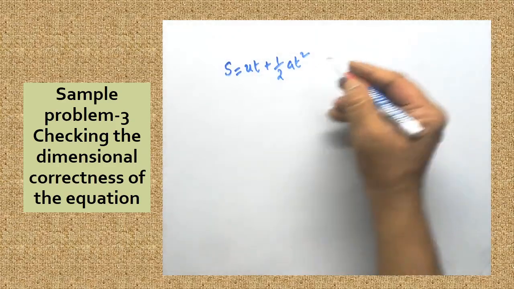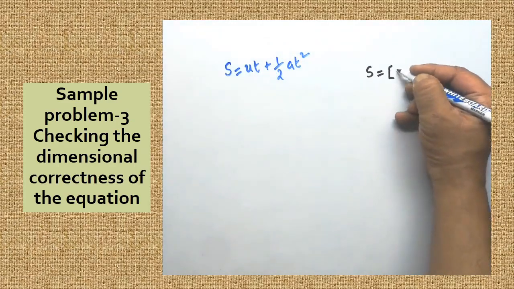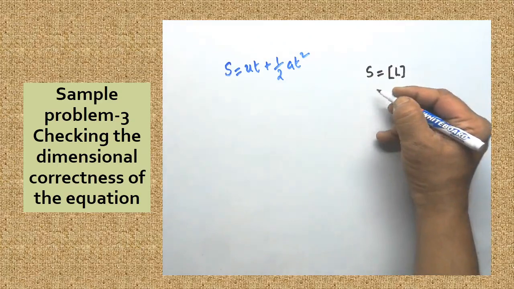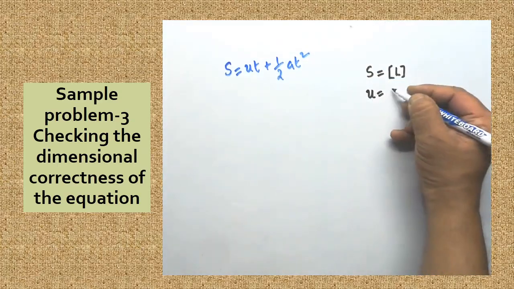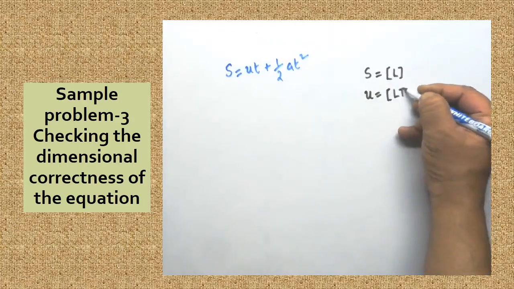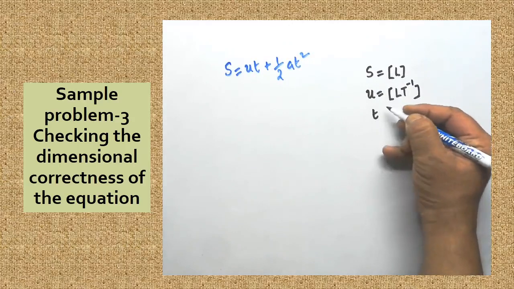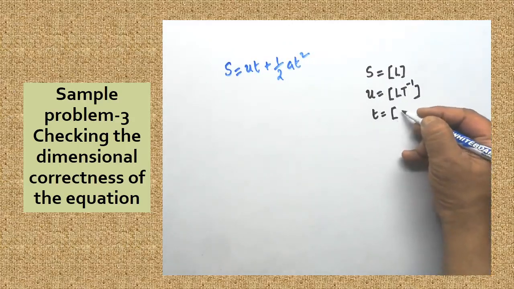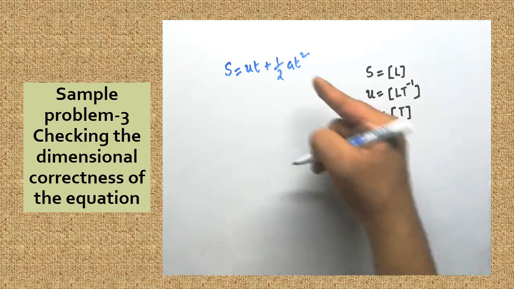First you should know what is S. S is nothing but displacement. Its dimension is L. What is the dimension of u? Initial velocity is nothing but u. Its dimension is LT to the power of minus 1. T, time, its dimension is T. What is the dimension of a?